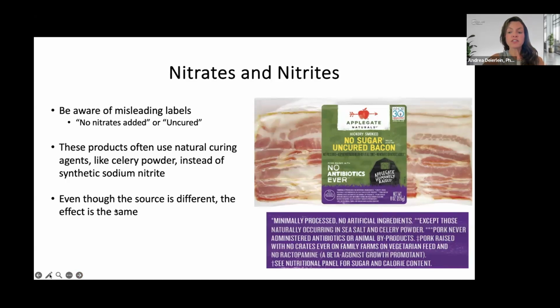So it's no longer synthetic nitrates; it might be coming from a natural source, such as celery. The issue is more what it's being consumed with. Because it's being consumed with these meats, it's more problematic. So just know that even if it says no nitrates added, it still has the same sort of health effects.